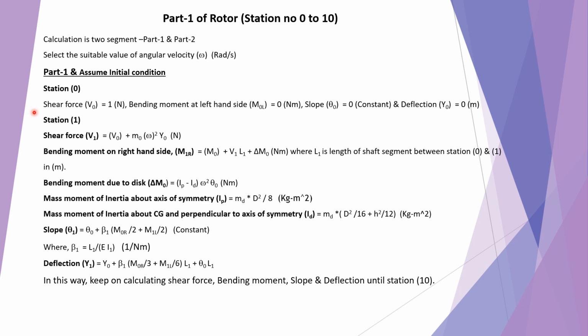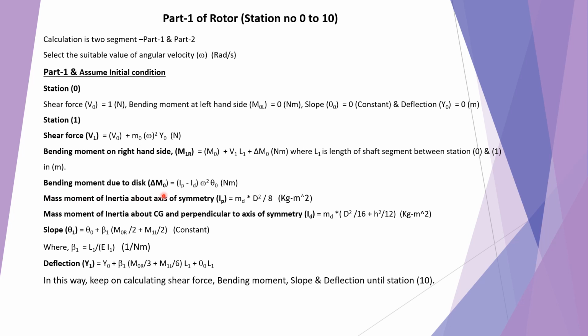Station 1: shear force V1 is V0 plus M0 omega square Y0, bending moment on the right hand side at station 1, M1R, is equal to M0 plus V1 L1 plus delta M0.